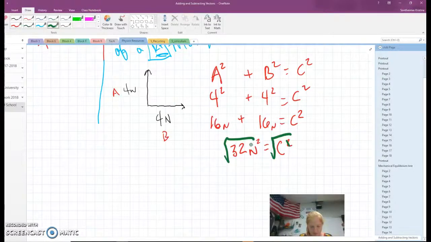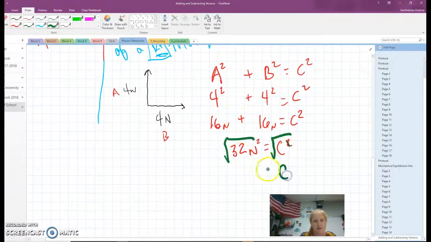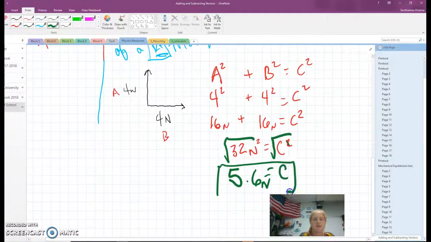Okay, 5.6. So let's say c is equal to 5.6 newtons.